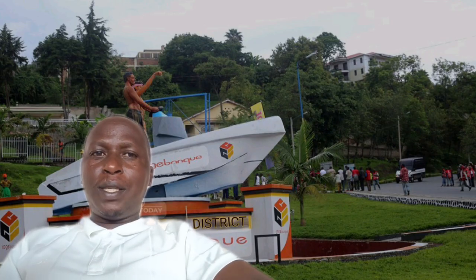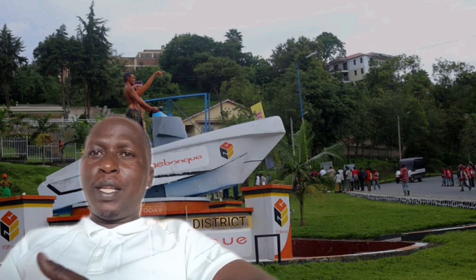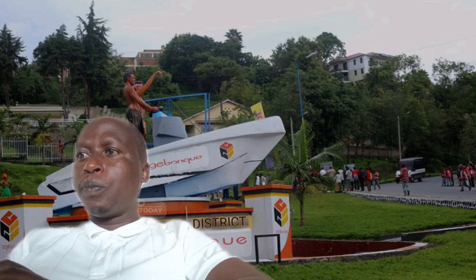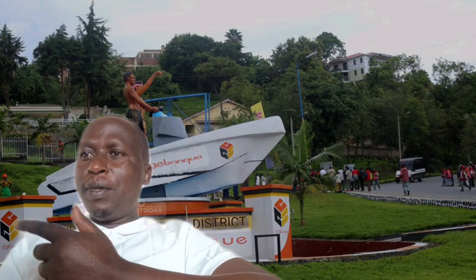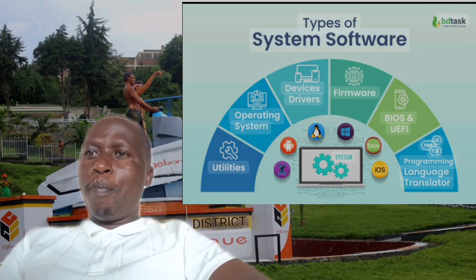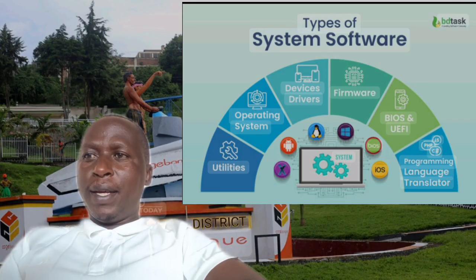In a few words, we can say that system software is software which helps the computer components to operate without problems. We have some types of system software, including the operating system, abbreviated as OS.